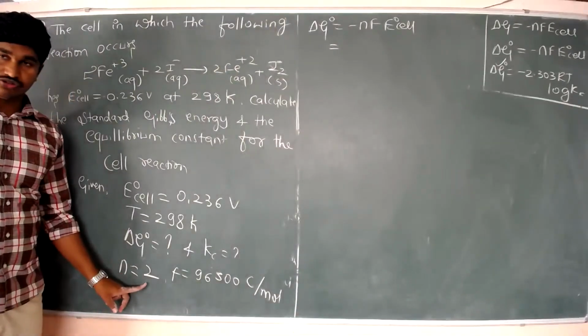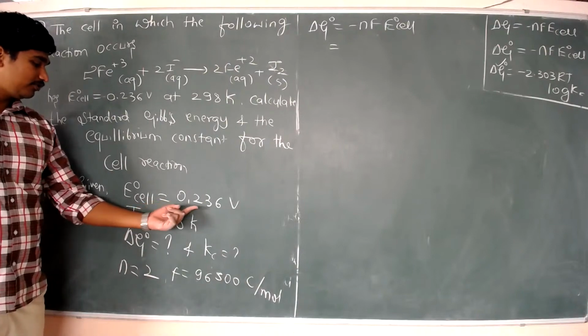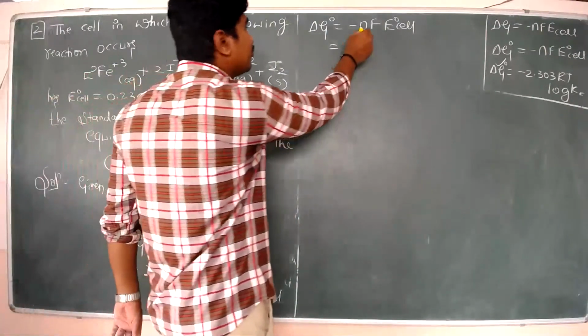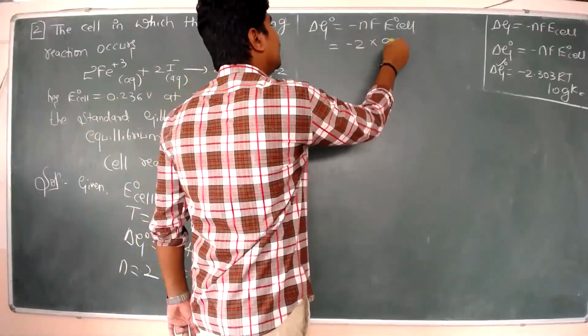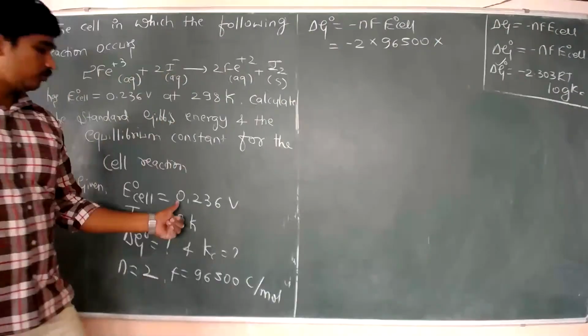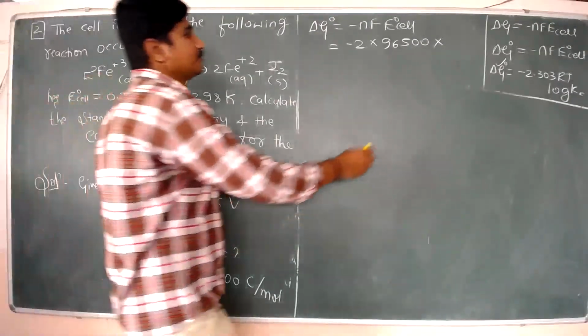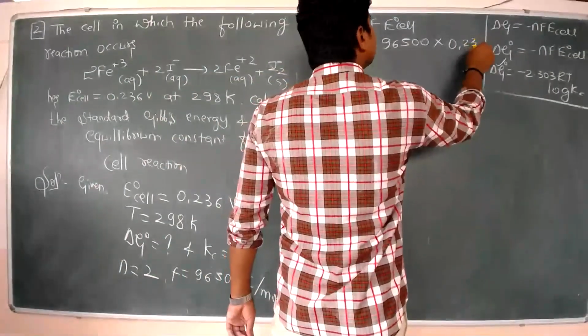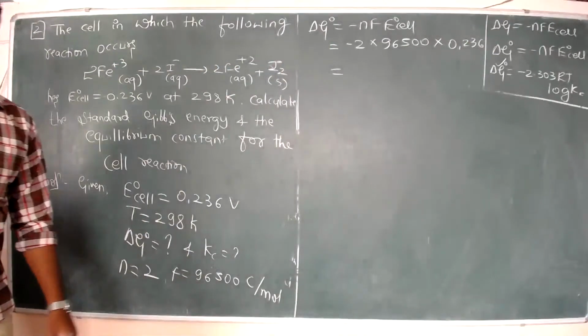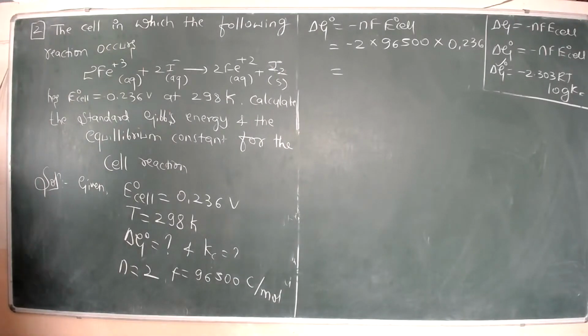The n value is 2. The E naught value is 0.236. The F value is 96,500. Substitute all the values and multiply: 2 into 96,500 into 0.236.